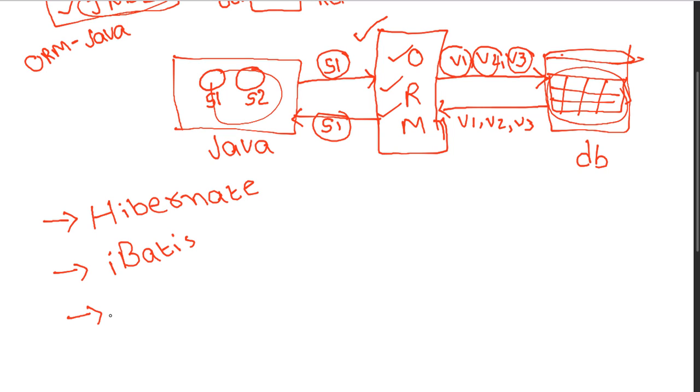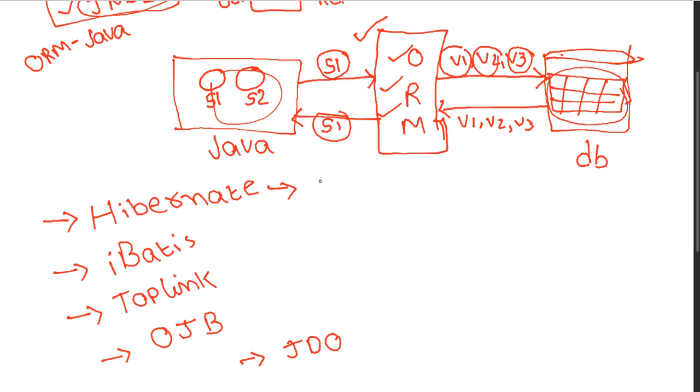Any other tools? Yes, some more tools are there, like TopLink. TopLink is also an ORM tool. And OJB, Object Java Bean. And one more is JDO, Java Data Object. These are the famous ORM tools. More than 10 to 20 ORM tools are available, but the famous ones are Hibernate, iBatis, TopLink, OJB, JDO.